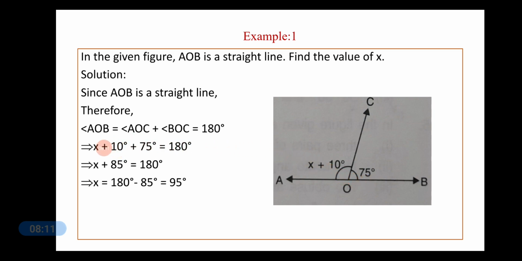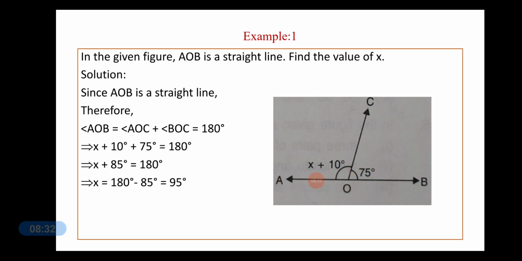As you can see over here, angle AOB, which is a straight angle, is equal to the two angles which are present on it, angle AOC plus angle BOC, and the sum of these two angles is equal to 180 degrees.